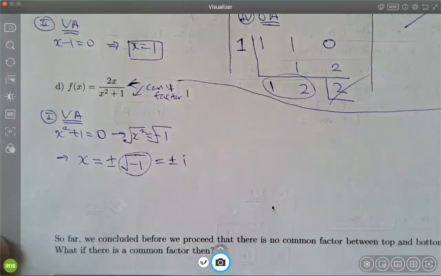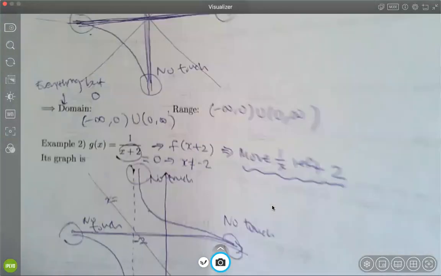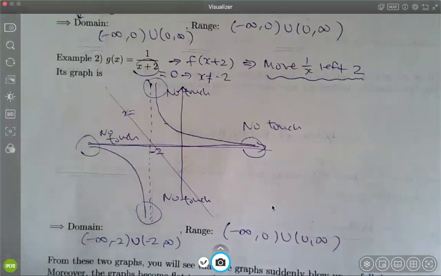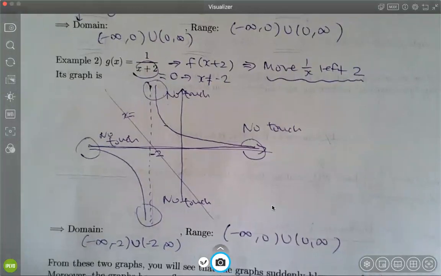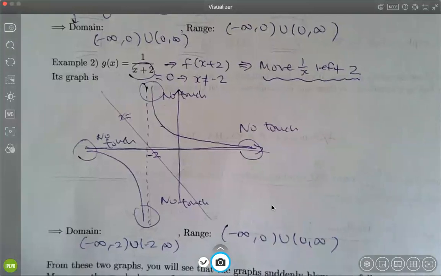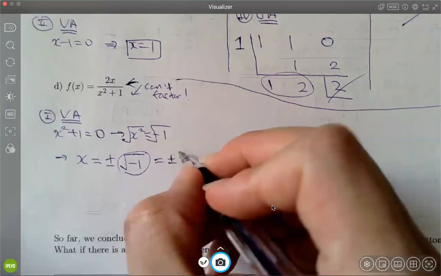So now, where do any asymptotes exist? On the XY plane, right? And on any XY plane, where is i? Nowhere, right? So yes, this is an imaginary number.